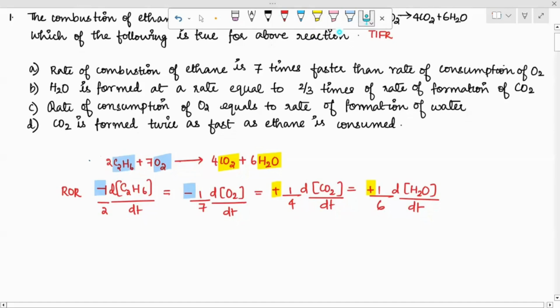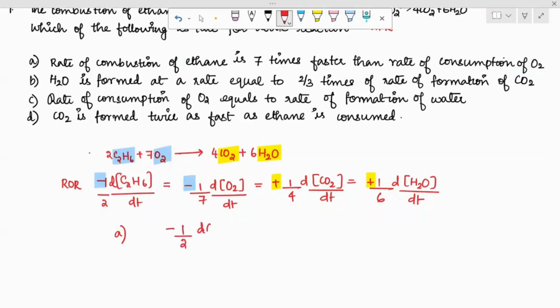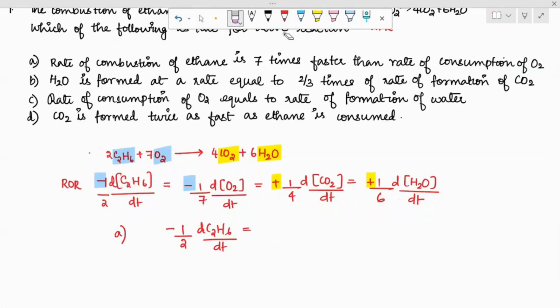Rate of combustion of ethane is 7 times that of oxygen. So option A is relating ethane and oxygen. So minus 1 by 2 dC2H6 by dt is equal to minus 1 by 7 dO2 by dt.